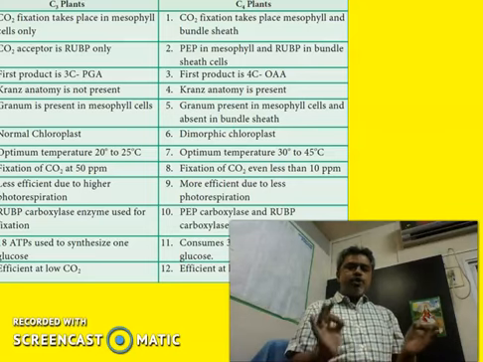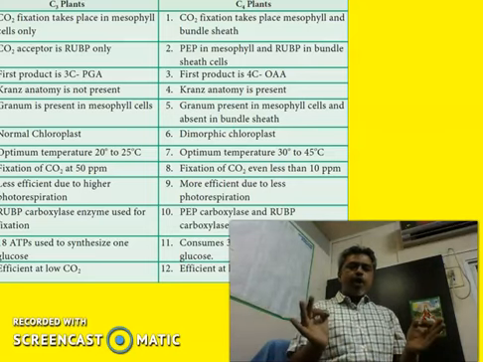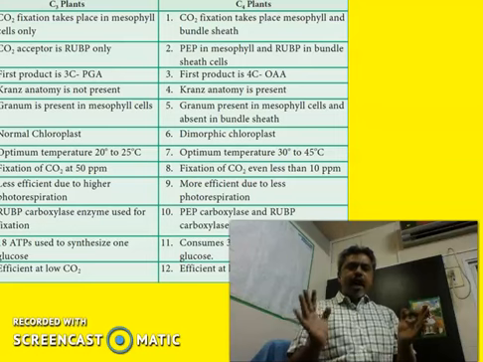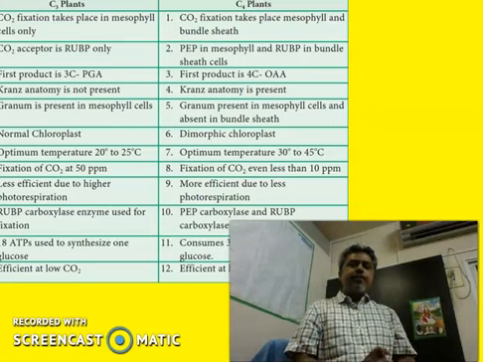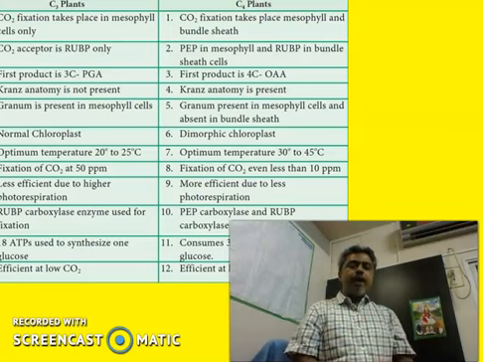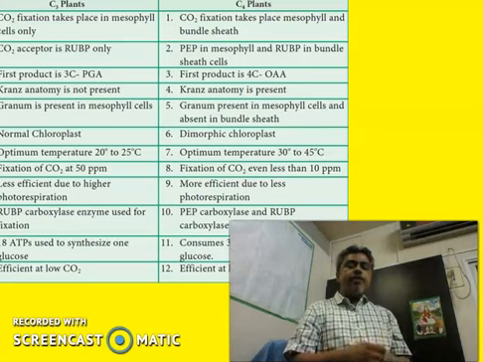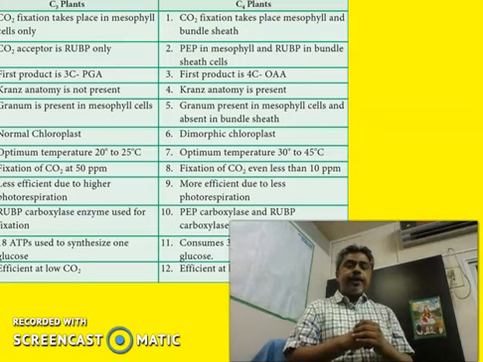Now the enzyme. Which enzyme is important for C3 plants? RuBP carboxylase is used for fixation, whereas in C4 plants, PEP carboxylase and RuBP carboxylase both are used.